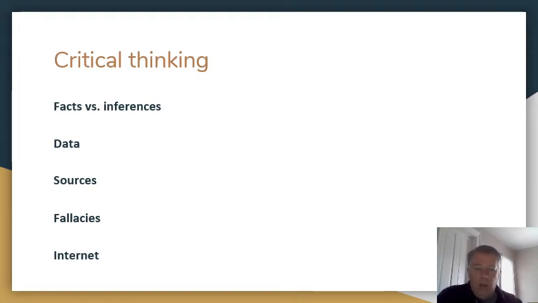One fallacy is what's called a false dichotomy. When you present a solution to a particular problem and you present two solutions, one solution is much more favorable and the other solution is much more unfavorable.